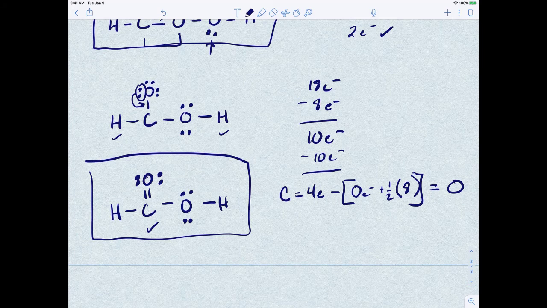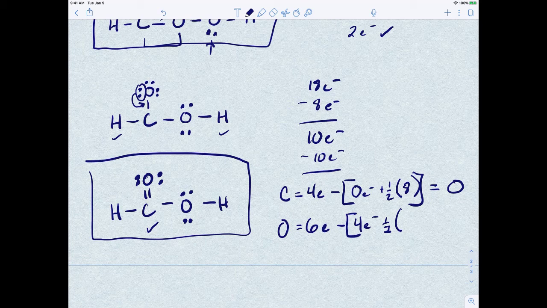What if we try the oxygen on the top? Again, how many valence electrons are in a normal oxygen? 6. How many non-bonding electrons do you have this time? You got 2 lone pairs, so that means you've got 4 electrons. How many bonding electrons do you have? 4.